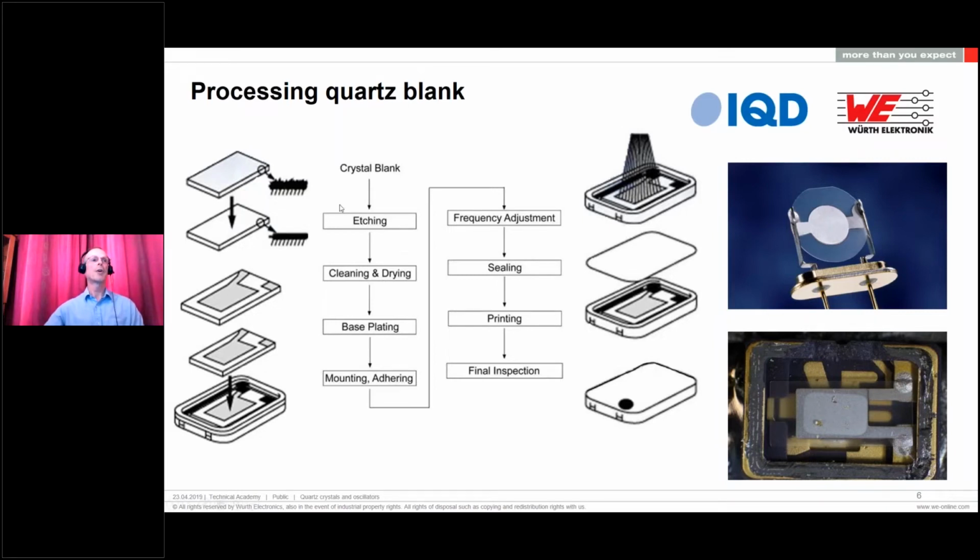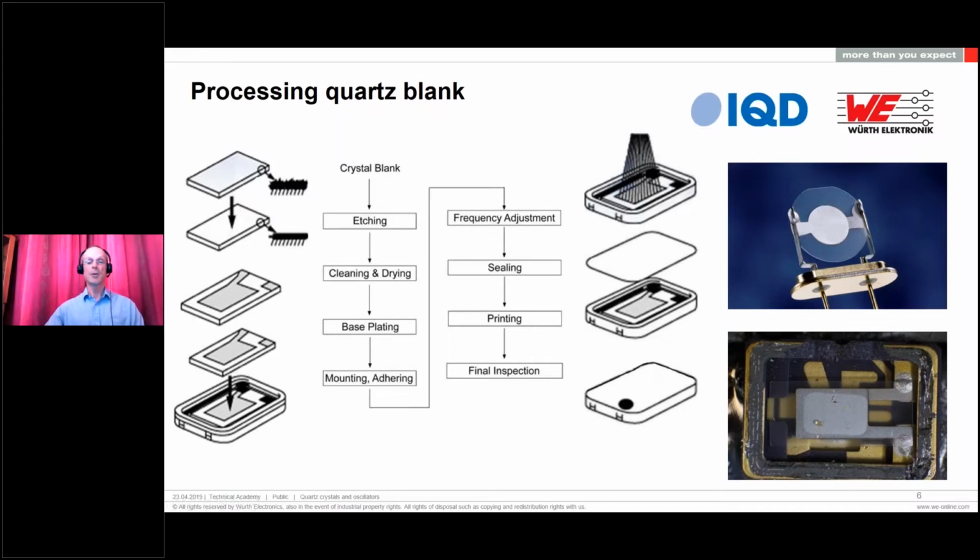So working down the diagram on the left, we start off with our processed blank. It's then etched and cleaned to remove any impurities. We then have to apply some metal electrodes to give us our electrical contacts for the device. The base plating material is normally silver. That's the commonest metal that's used. Sometimes gold, but generally it's silver.